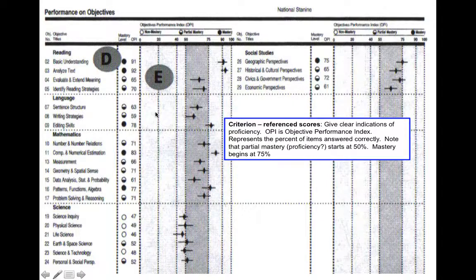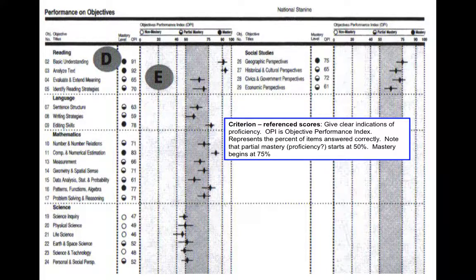So note that these percentages probably don't really equate to the same things as letter grades. So getting a 61% in economic perspectives puts you smack dab in the middle of partial mastery. It isn't mastery, but I don't think a 61 would be an F, or would mean that you should get an F in these cases.